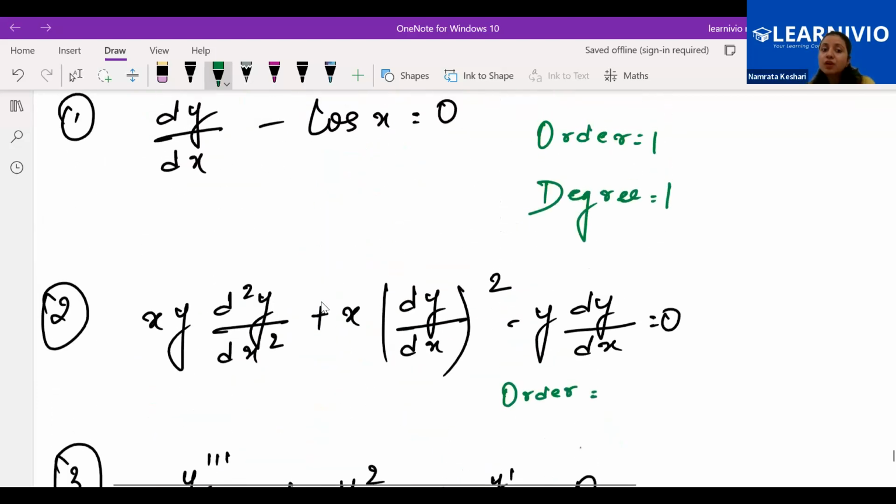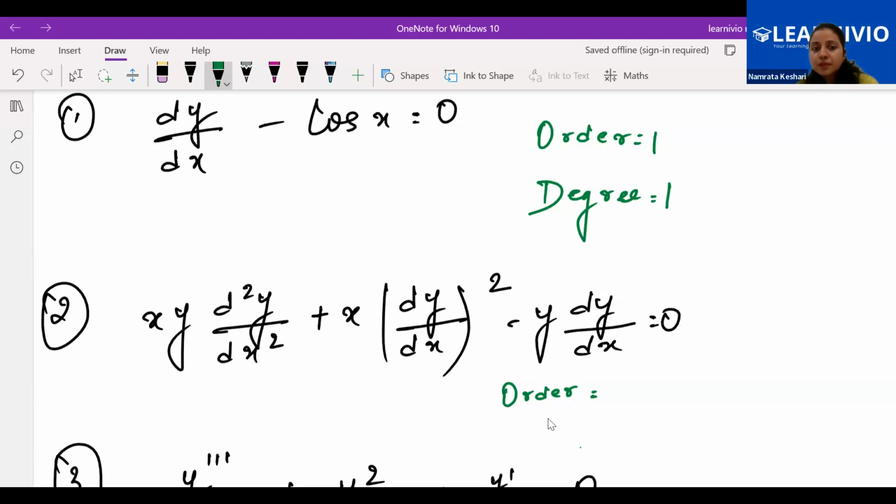Now let's get back to our example. The question has x y d2y dx2, dy dx whole square, and again dy dx. Can you tell me the order of this differential equation? The maximum number of times we have differentiated here is 2, so order is 2.